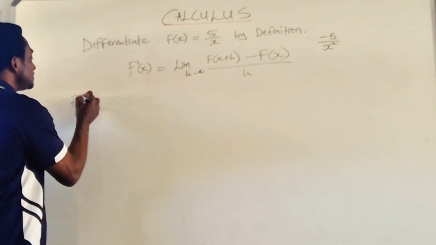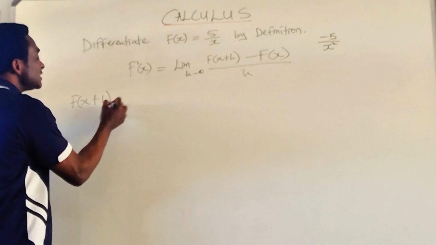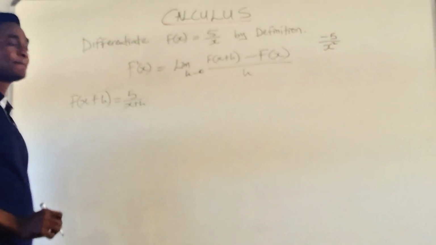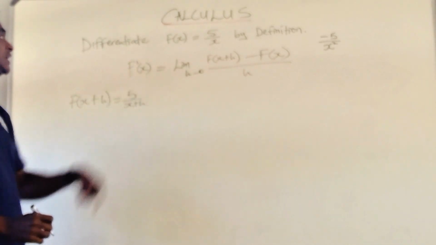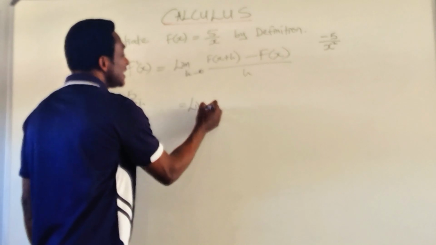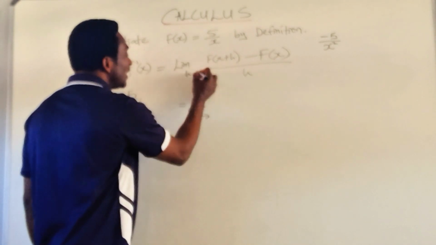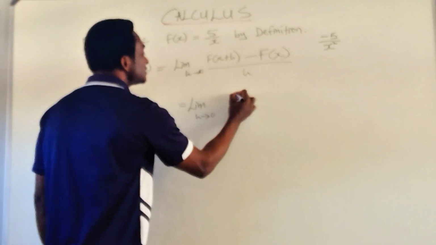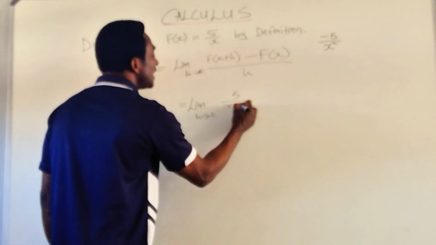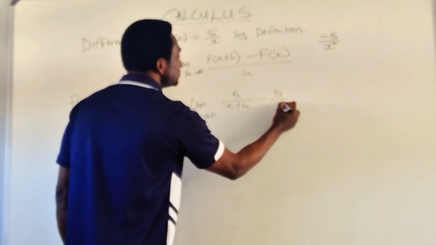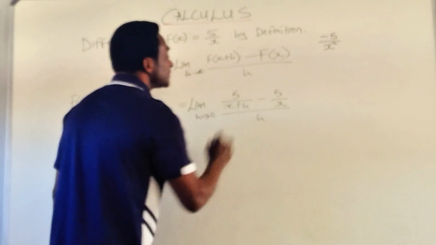So we get our f of x plus h by replacing our x with x plus h. Now let's sub it into the function to get the first derivative. Remember, like I said previously, our notation stays. So our f of x plus h in this case is 5 over x plus h, minus 5 over x, which is our f of x.